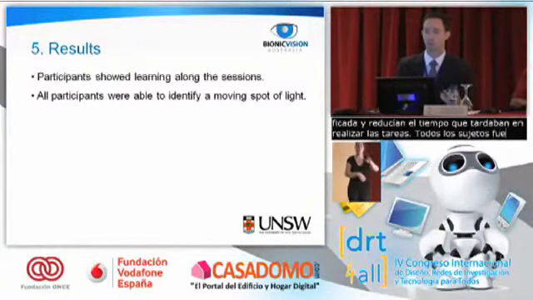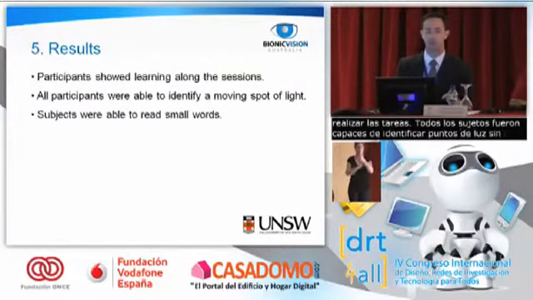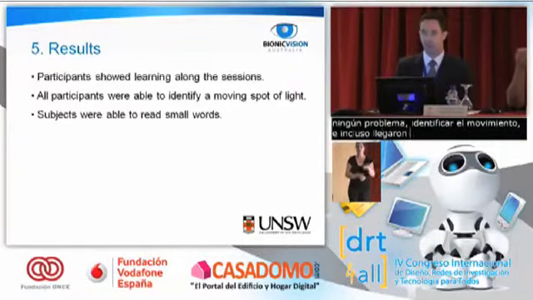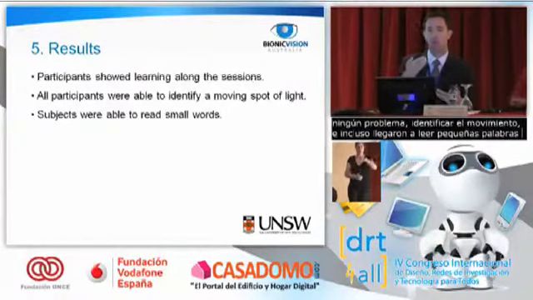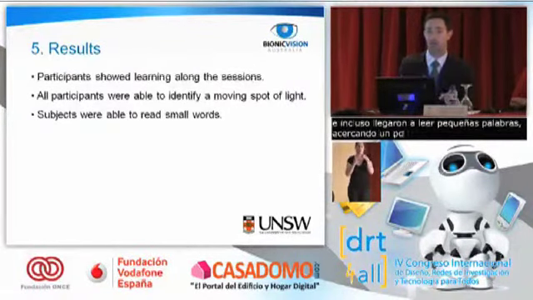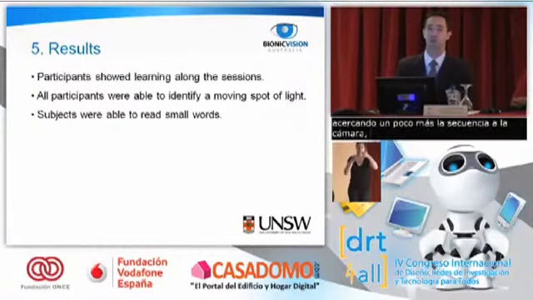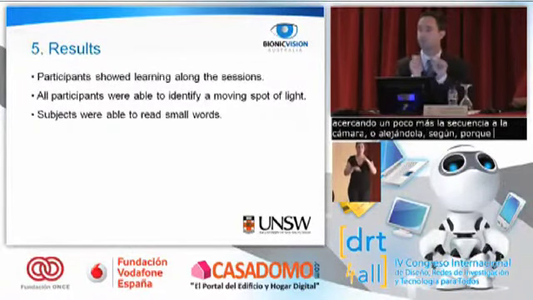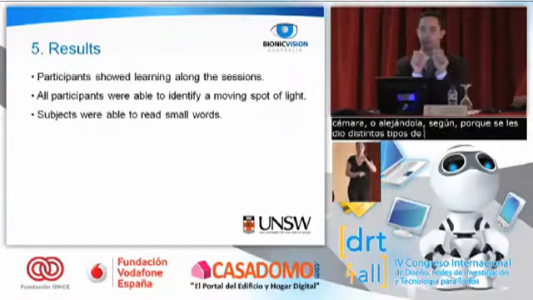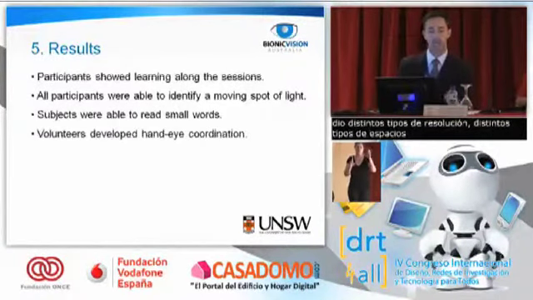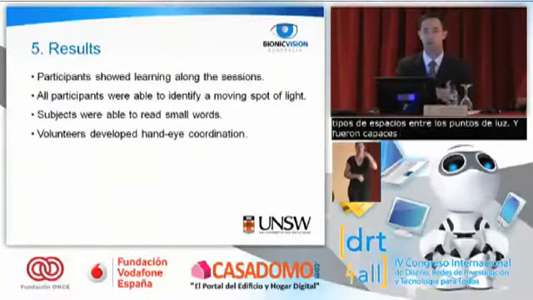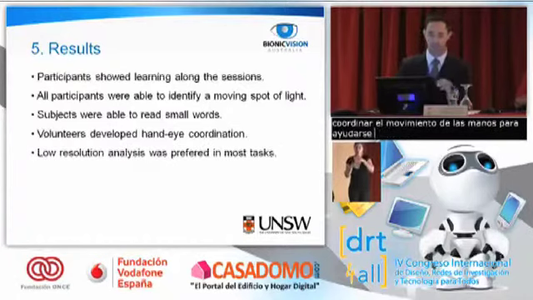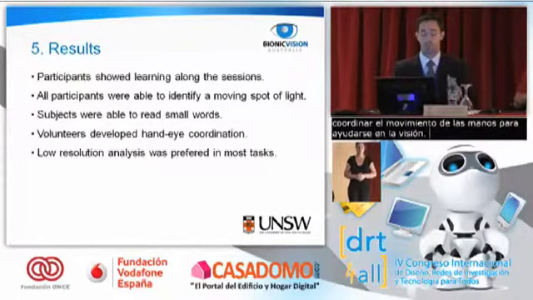Also, all subjects were able to read, to find or identify the spots of light, to identify movement, and they were also able to read small words, bringing the sequence closer to the camera, because there are different kinds of resolutions, different kinds of space between the phosphenes, the dots of light. And they were able to coordinate their hand movement to help their sight.